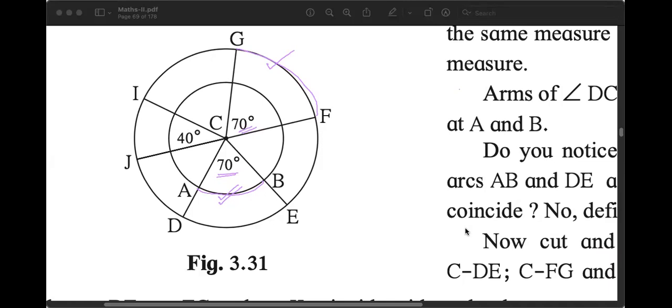For arc AB, the radii are AC and BC. But for the GF arc, the radii are GC and FC.